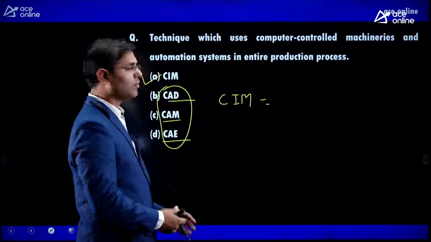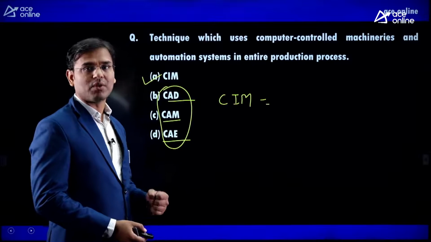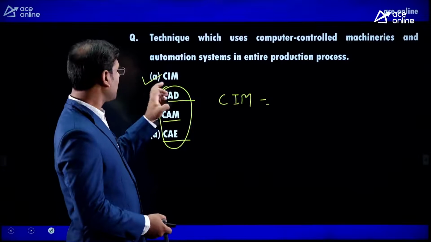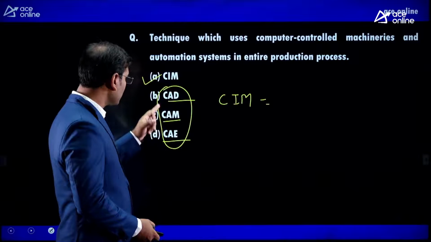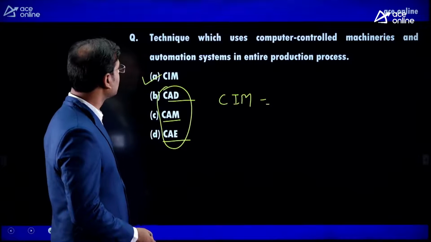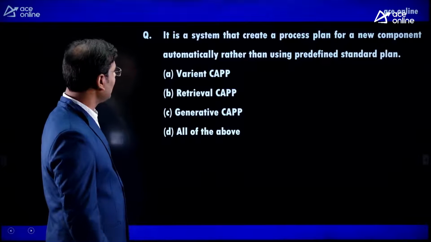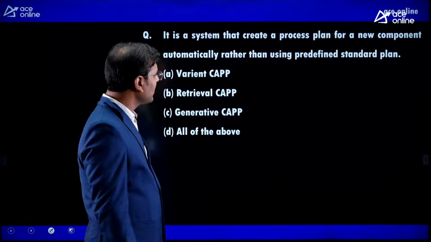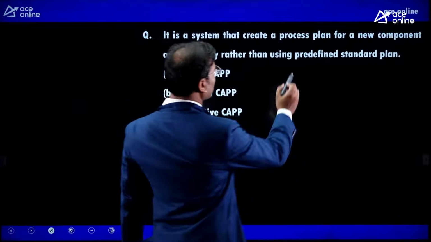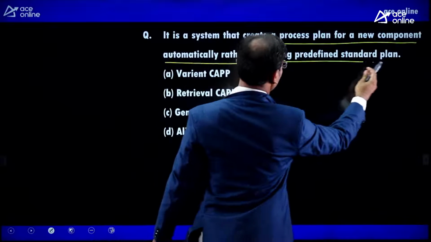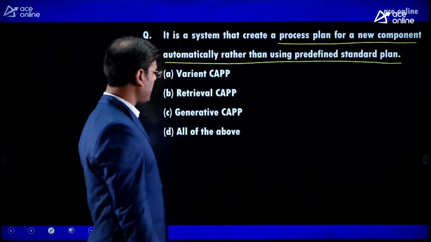If someone asks what concept computer integrated manufacturing is telling, you can write CAD plus CAM plus CAE. Now see, it is a system that creates a process plan, a very high level concept, for a new component automatically rather than using a predefined standard plan.